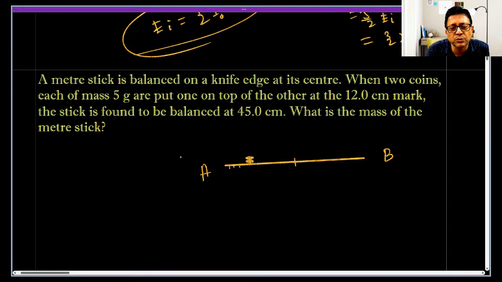Two coins are placed one above the other. Their load is acting downward. That is 10g, 5g plus 5g. The stick is found to be balanced at 45. This is 45.